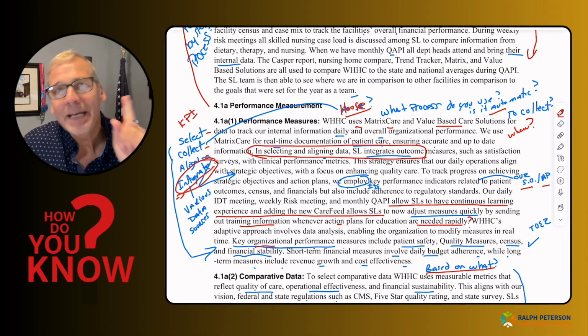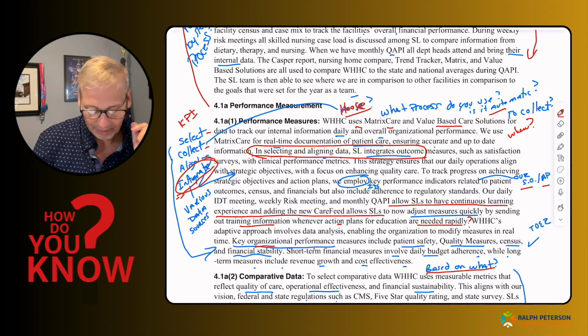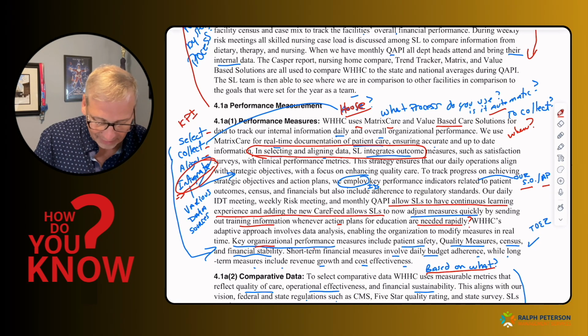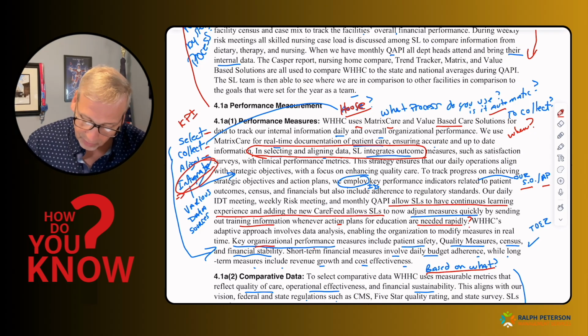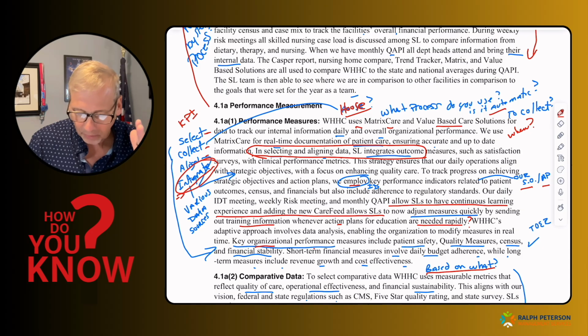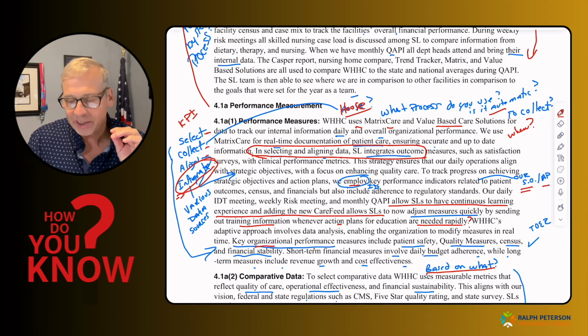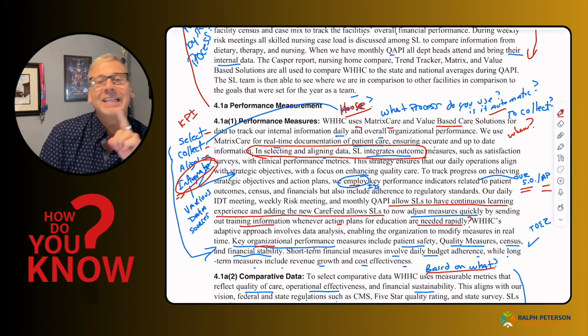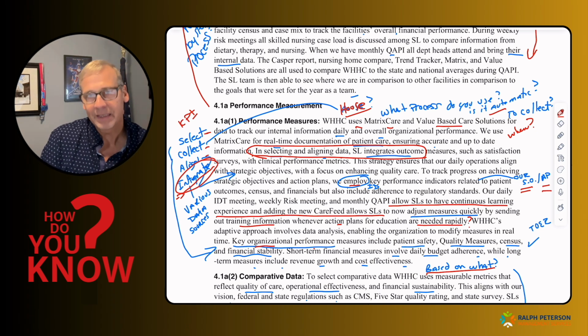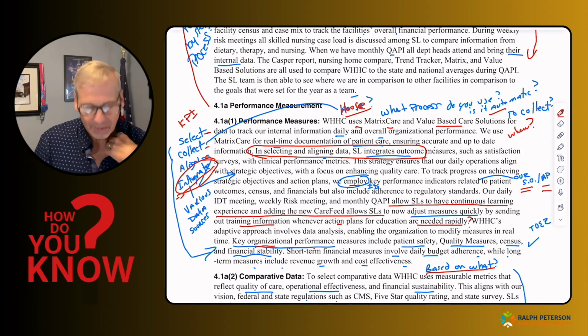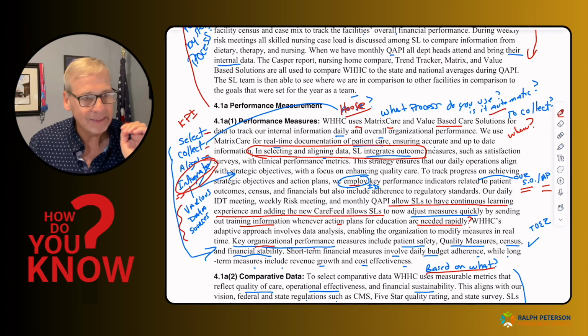The align part is similar to selecting, in that we ID key performance indicators related to our strategic objectives and our action plans. That's the alignment part. Integrate, again, various sources of data all in one place.